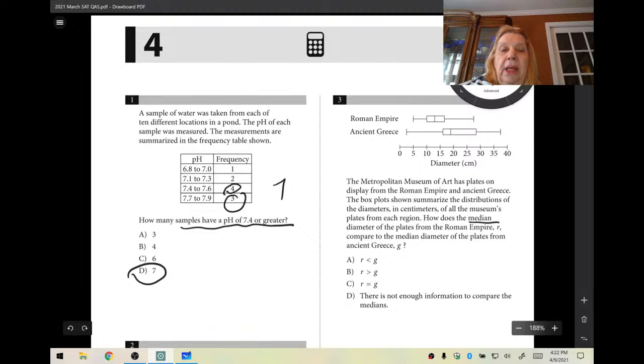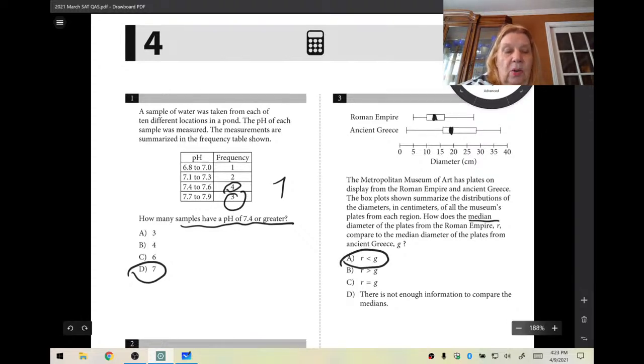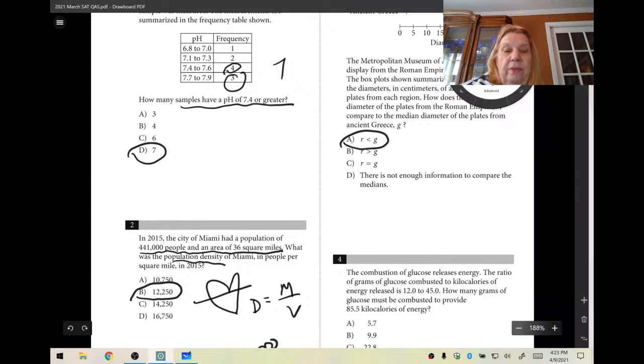How does the median diameter of the plates from the Roman Empire, which is the median right here, compare to the ancient Greek Empire? So you can sort of see the Roman Empire is less than the Greek, which is answer choice A. So far, not so bad. Let's go on to 4.